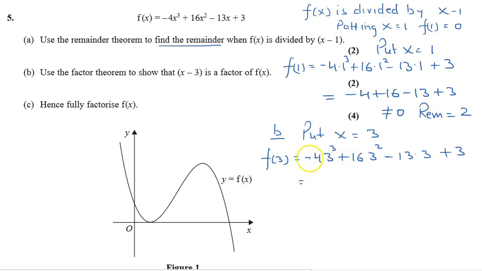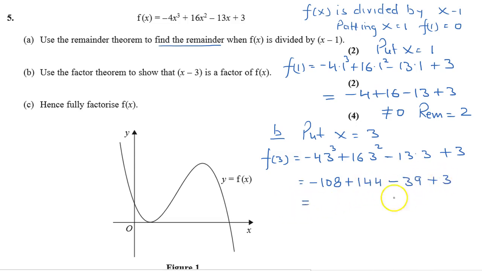So this one is 3 cubed, which is 27, times 4 is minus 108, plus this is 9 times 16, which is 144, minus 13 times 3 is 39, plus 3.